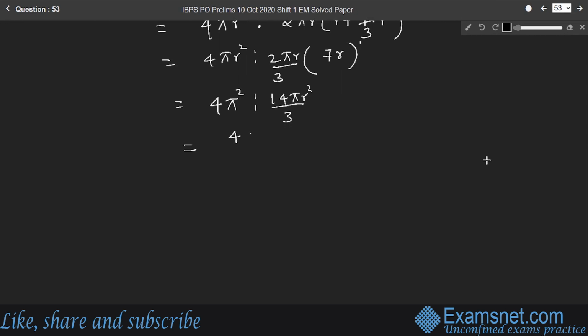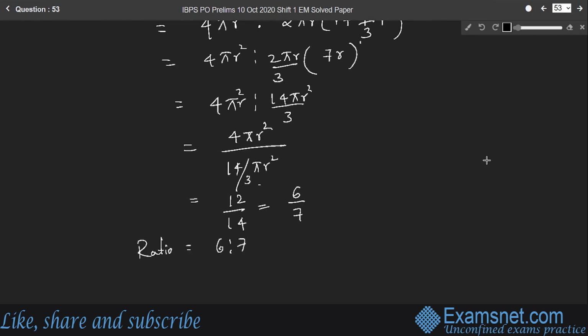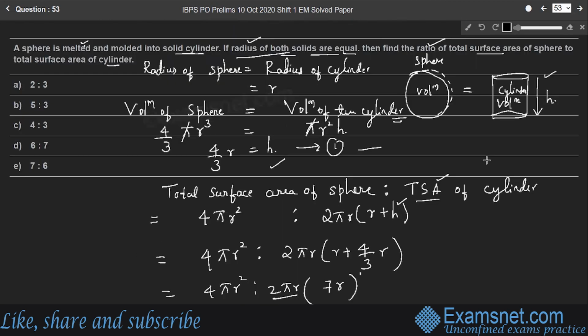So we can write 4πr² divided by 14/3 πr². We can cancel πr² and πr². So 4 into 3, this 3 goes to the numerator. 12/14, or it is equal to 6/7. Therefore, the ratio is 6 is to 7. Therefore, option D is the right answer.